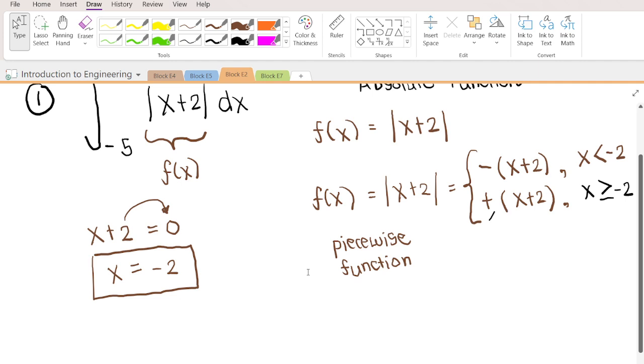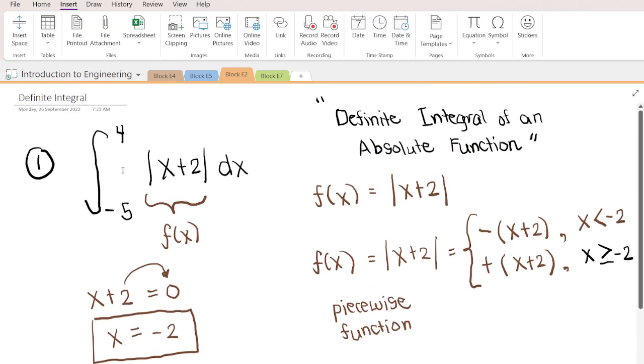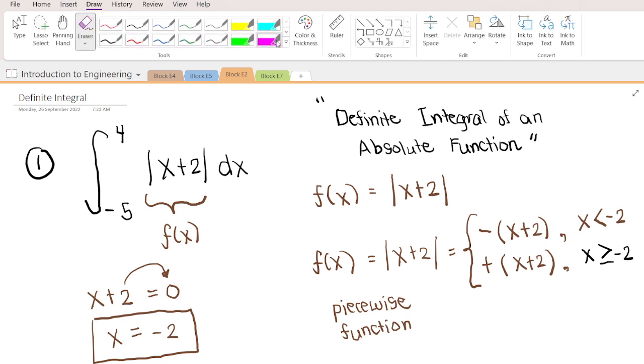Later you will find out that during the process of getting the definite integral of an absolute function, these functions, the one I wrote here and the one I wrote here, will be very essential.